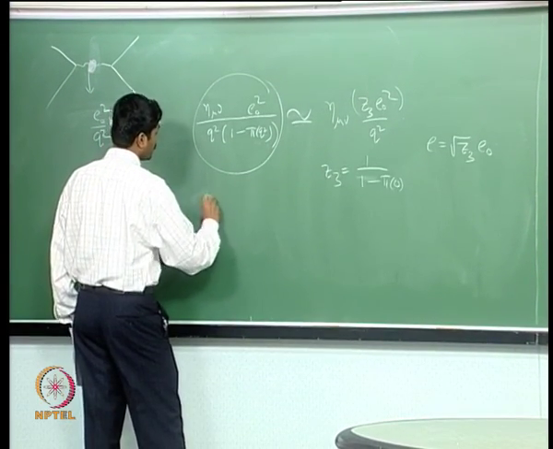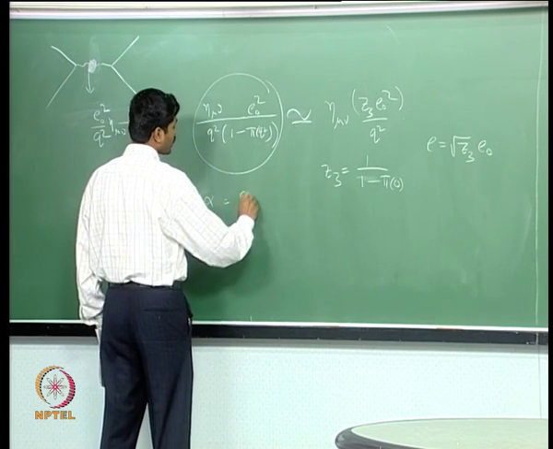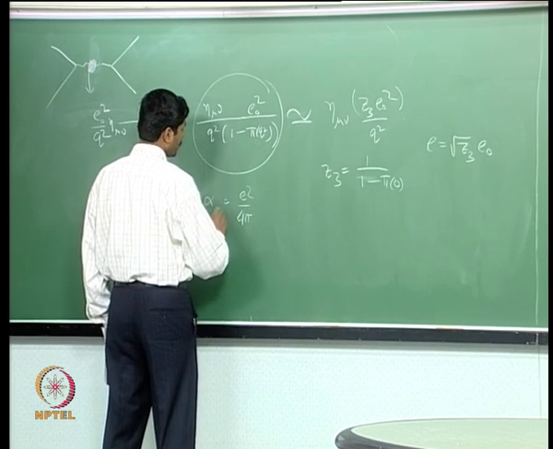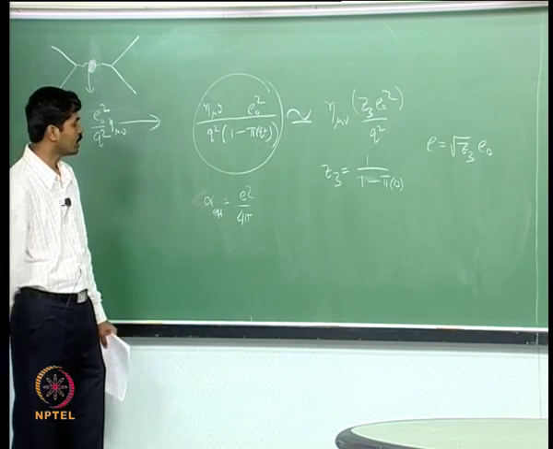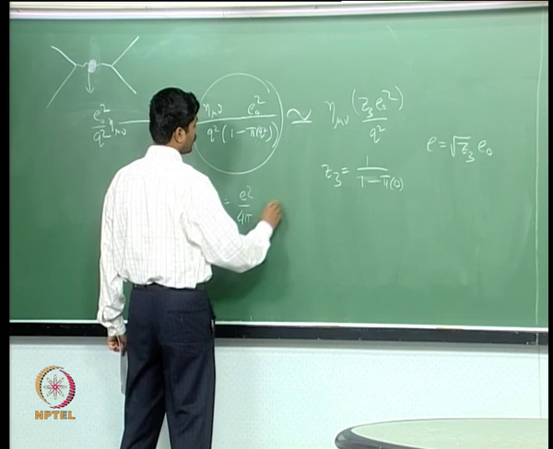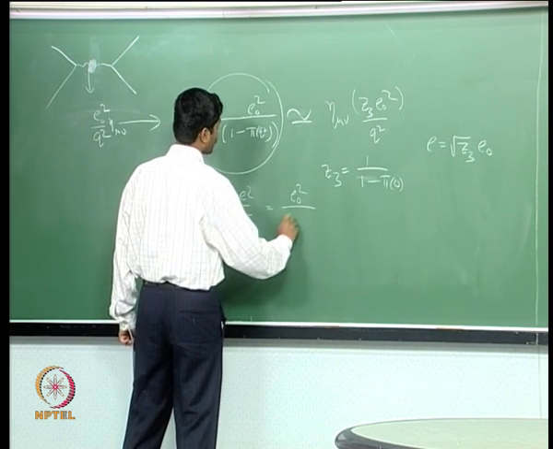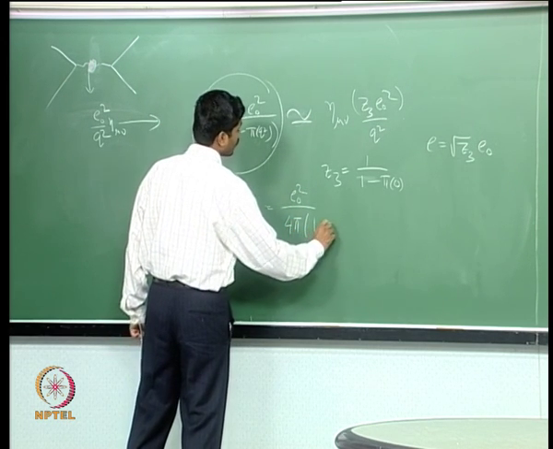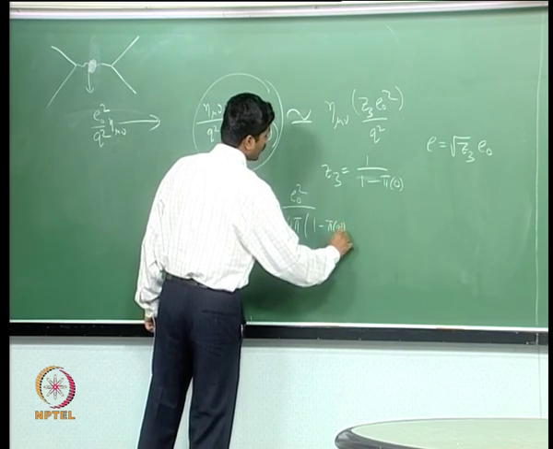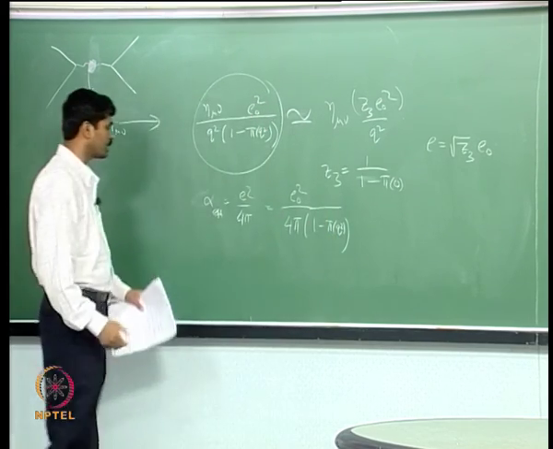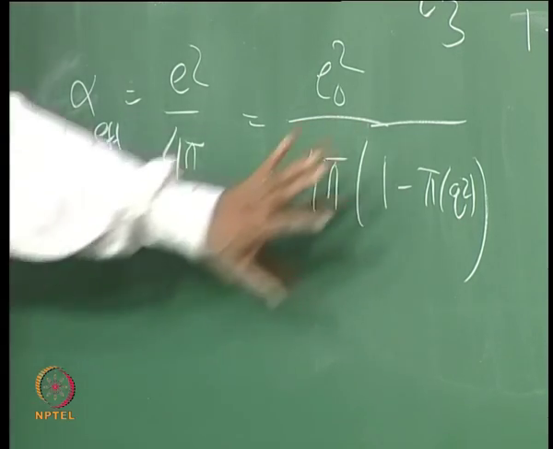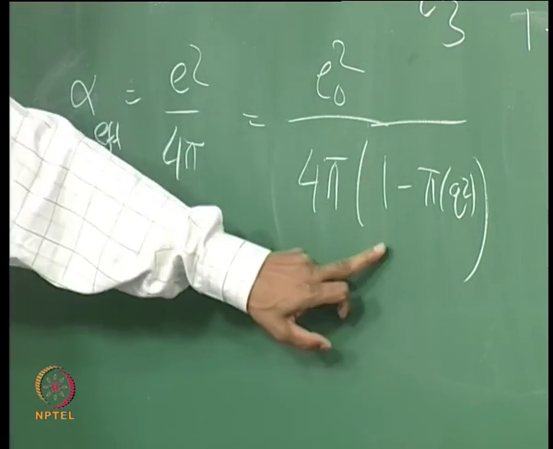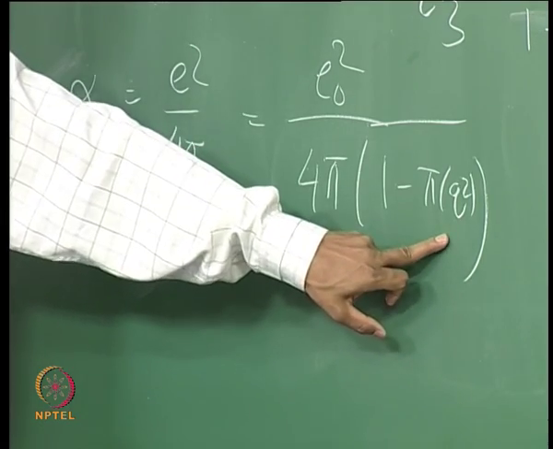If I denote alpha equal to e squared divided by 4 pi, then the effective fine structure constant is given by e0 squared divided by 4 pi times 1 minus pi of q squared, and it depends on q squared.